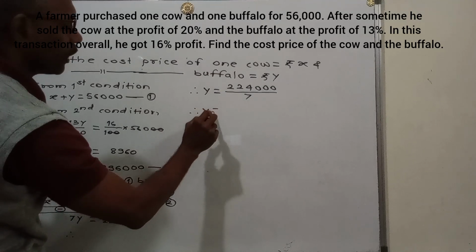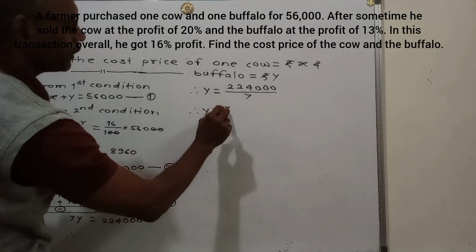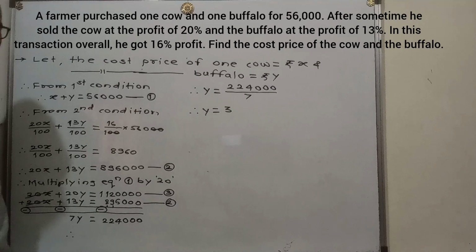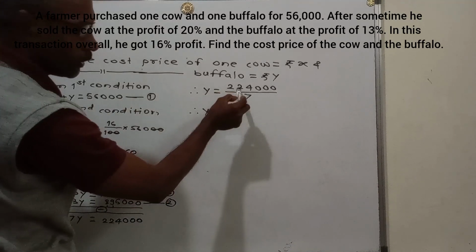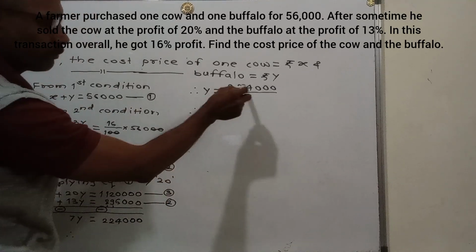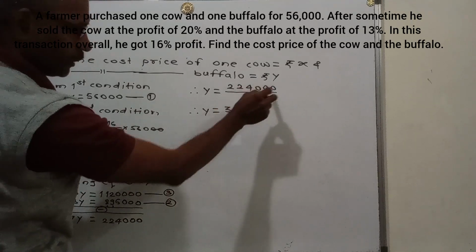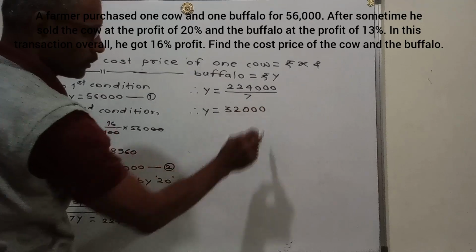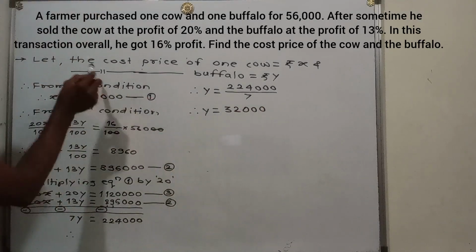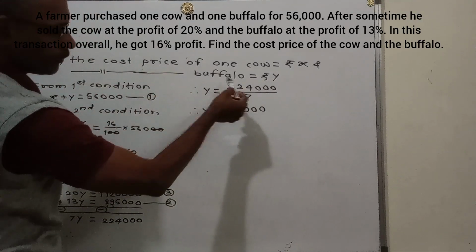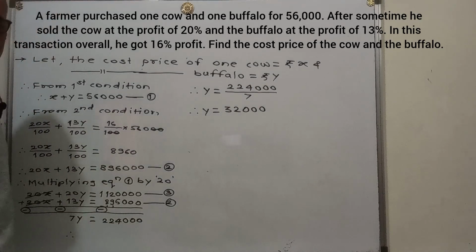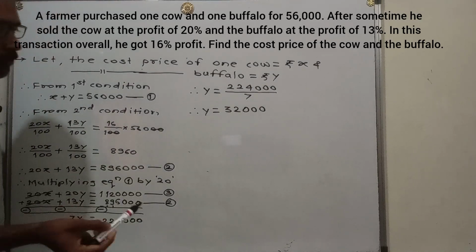Therefore y is equal to: 7 threes are 21, 22 minus 21 is 1, 1 4 14, 7 twos are 14, and 3 zeros. This is the cost price of one buffalo.